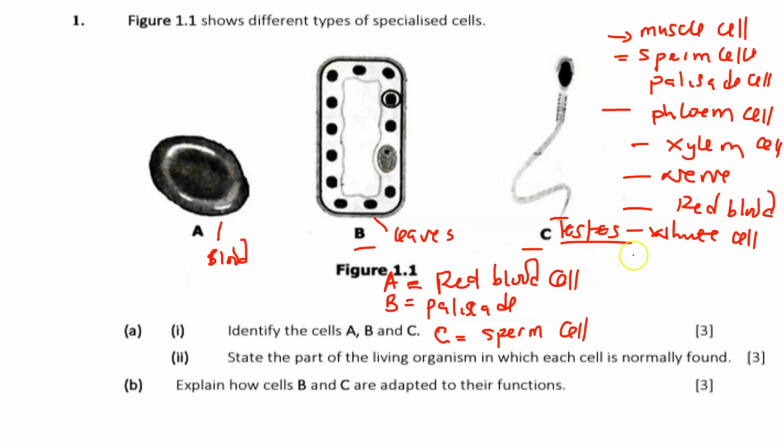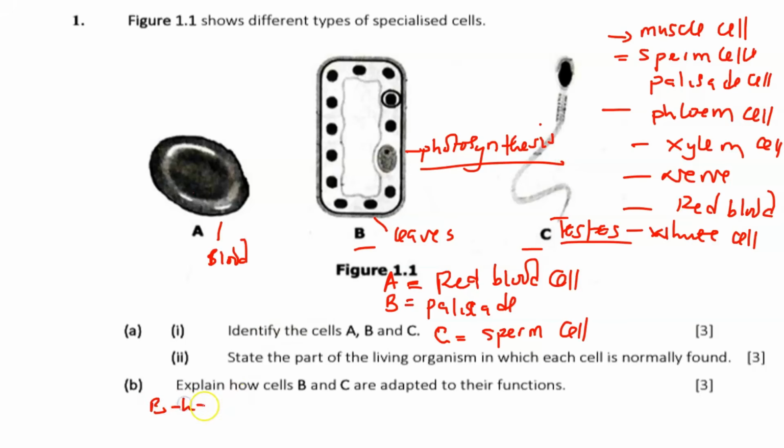When you talk of adaptation, we look at special features that these cells have that enable them to perform their function. For you to give the adaptation, you simply have to know their functions. If you don't know their functions, you cannot give the adaptation, because the adaptation should be relatable to the function. For example, this one carries out the process of photosynthesis. What does it have that enables it to carry out photosynthesis?